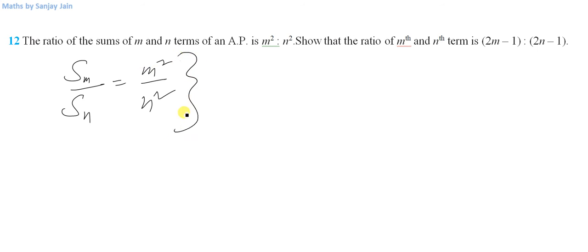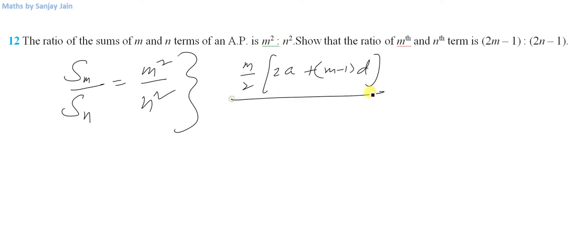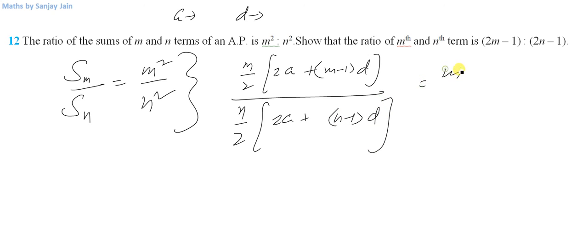So how can I interpret this given information is that m by 2 twice of a plus m minus 1 into d divided by, what is small a and small d? These are first term and common difference. So the denominator will be n by 2, 2a plus n minus 1 into d, and it is equal to m squared by n squared.